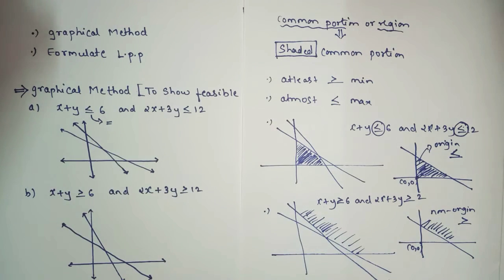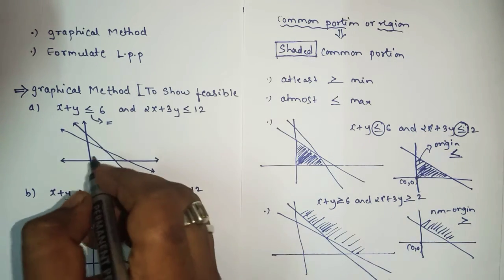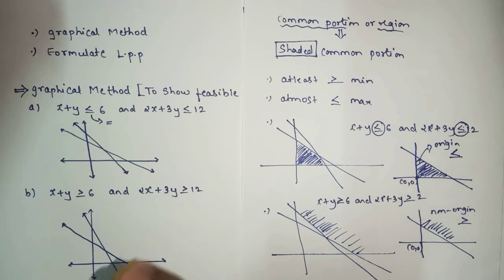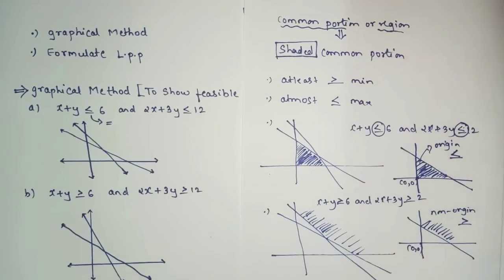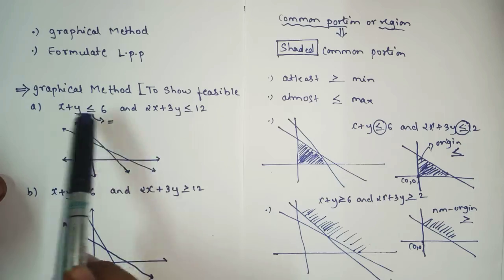Why so, sir? Is it a technique, or is there a proper concept, that we have to draw the shaded region inside only? Actually there is a proper concept that now I will explain. So here we have two linear inequations.